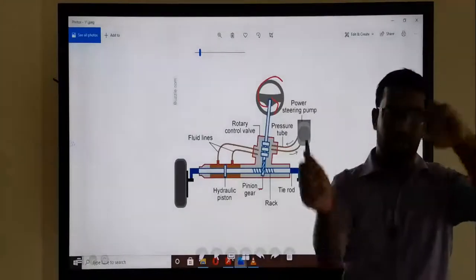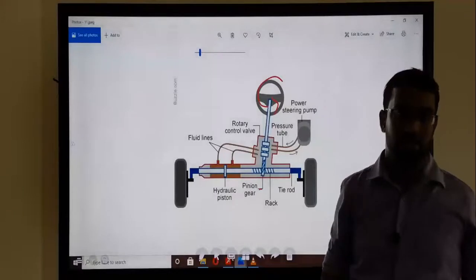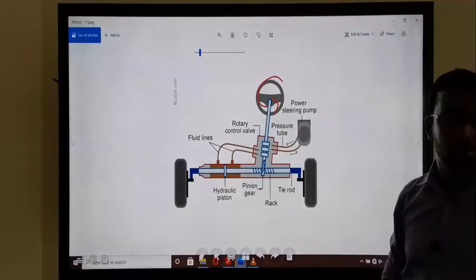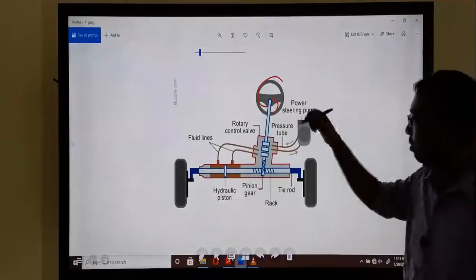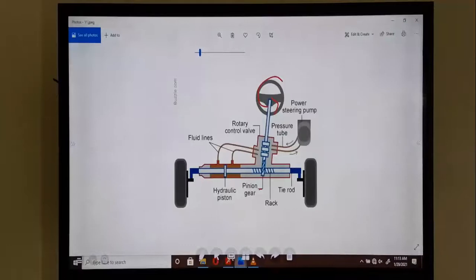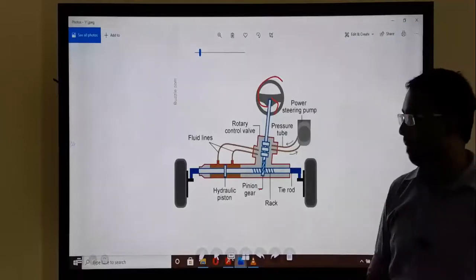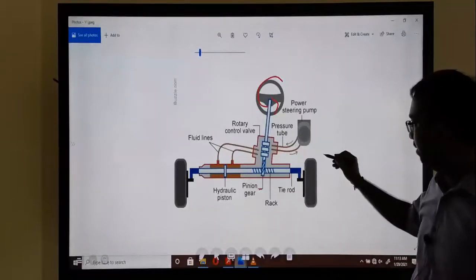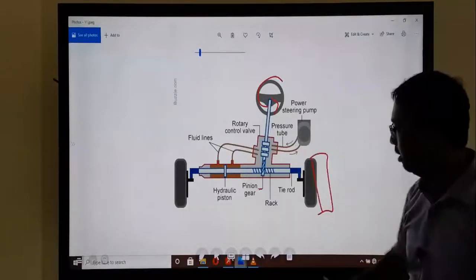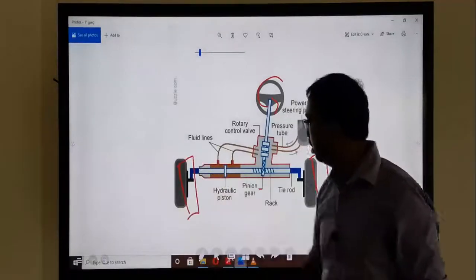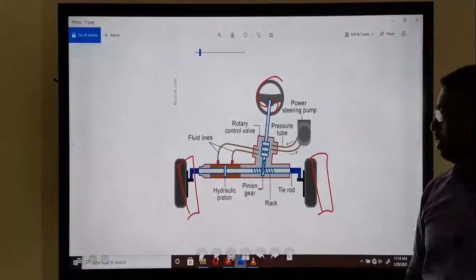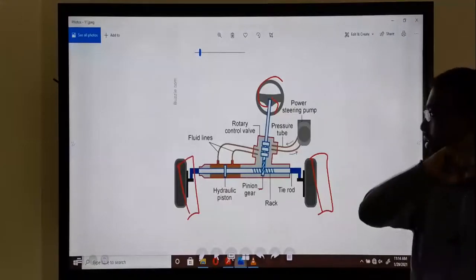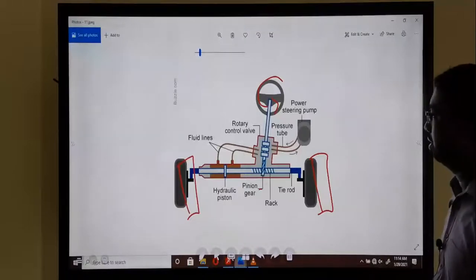We move the steering this way, so this wheel is going to turn like this. Am I correct, I think?